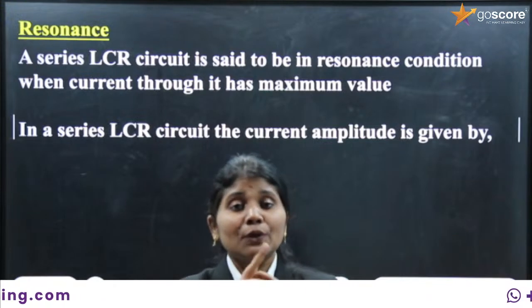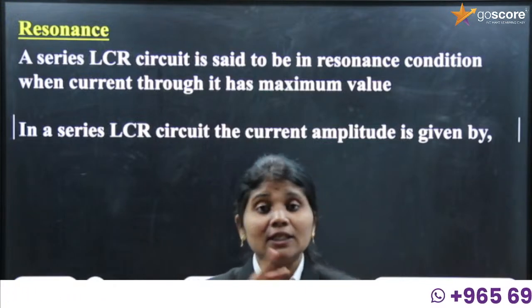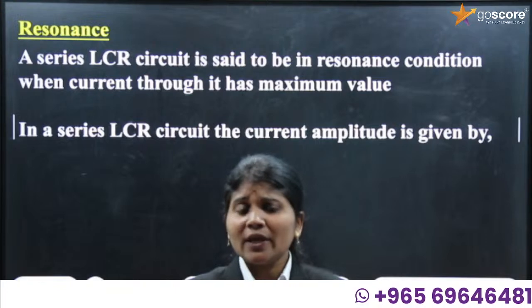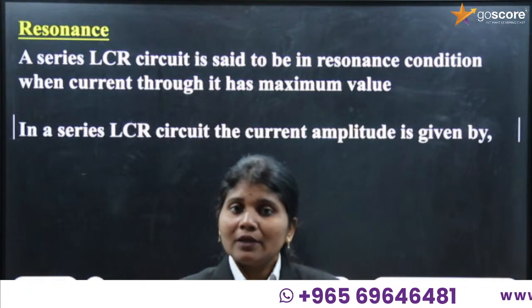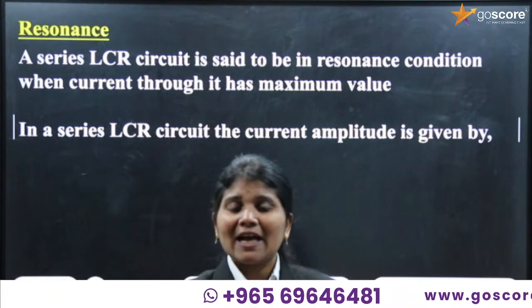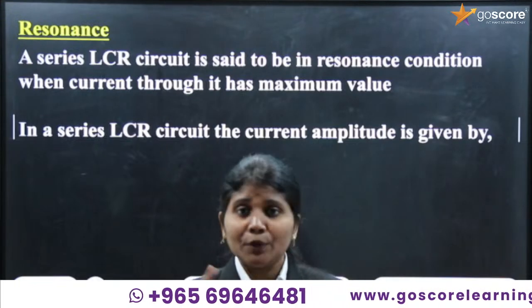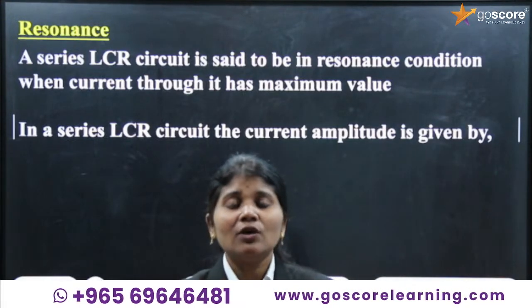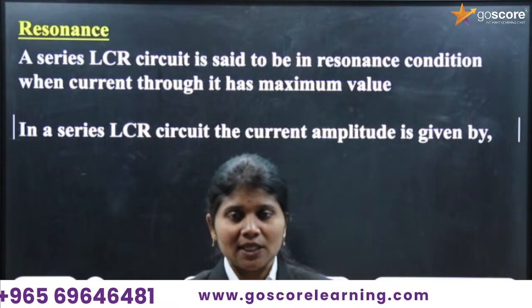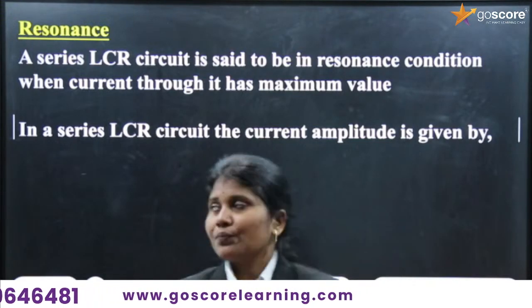When the circuit is a pure resistor. So Xc minus XL value will be 0, then we get pure resistance. When XL is equal to Xc, it will be 0.